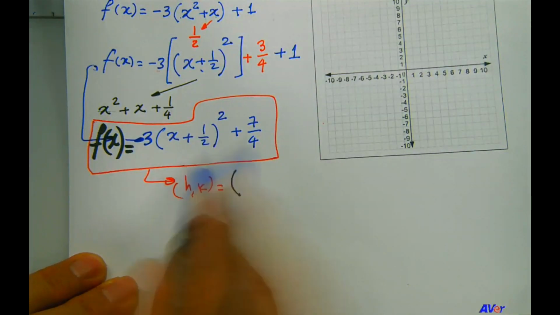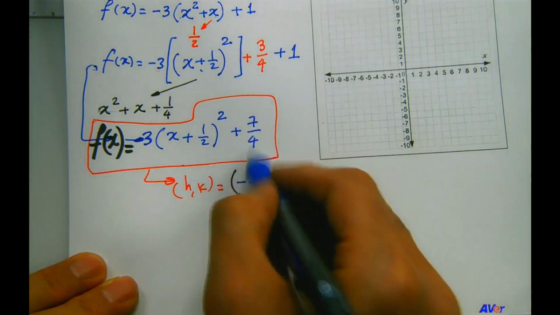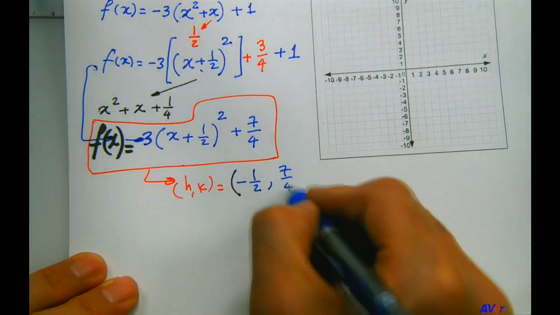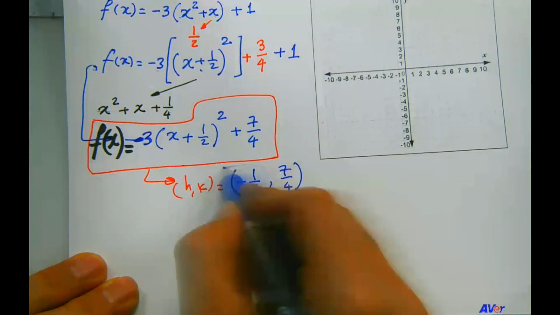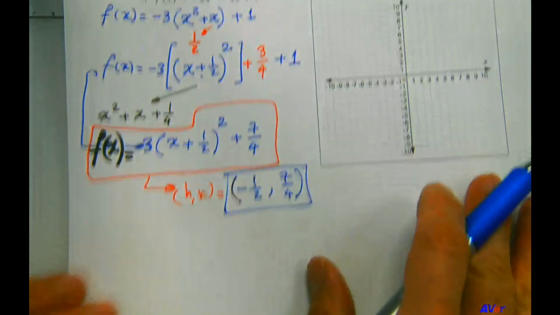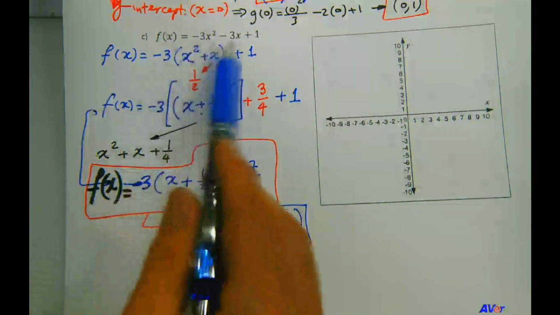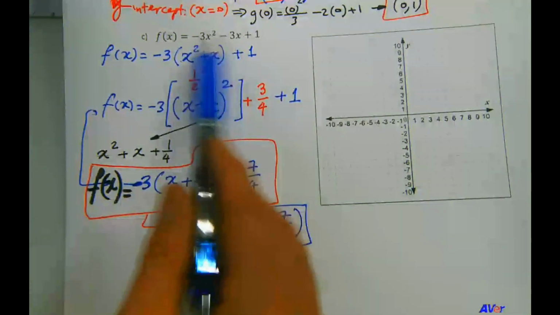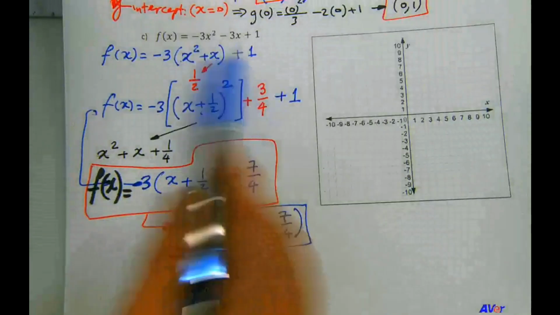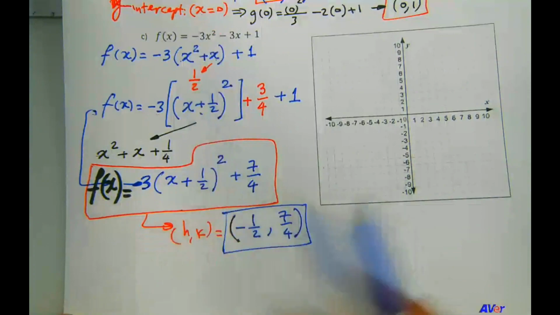So h must have been minus 1 over 2, comma k, of course, is right there, 7 over 4. So that's the coordinates of the vertex, which they've asked us to find. Let's find the y-intercept before we find the x-intercept, because the x-intercept takes more work. So first, let's find the y-intercept.